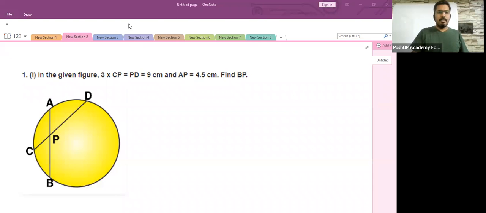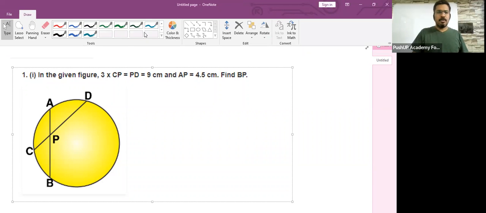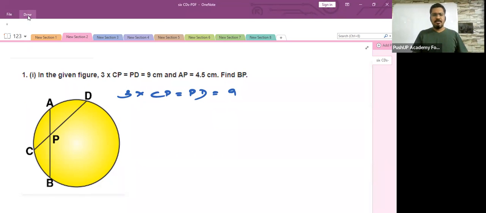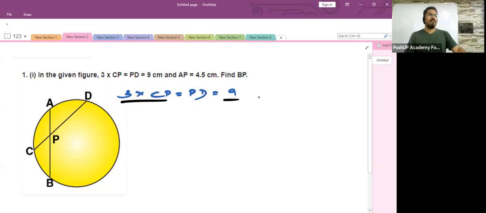Now, children, let's solve it. They have given you 3 into CP is equal to PD is equal to 9 centimeter, isn't it? So let's consider these two values. When they say 3 into CP is equal to 9, don't you feel CP is equal to 9 divided by 3?